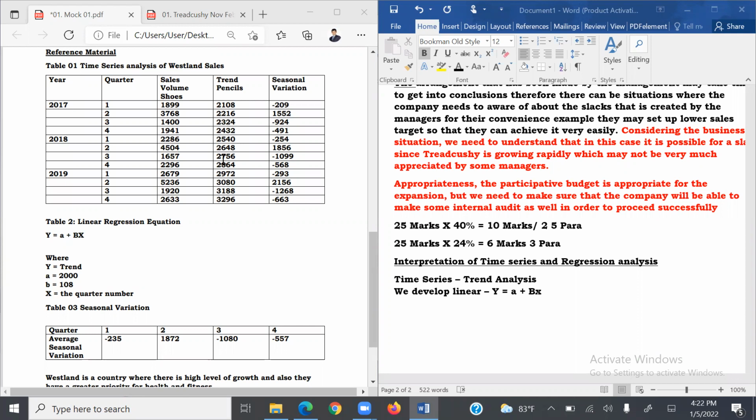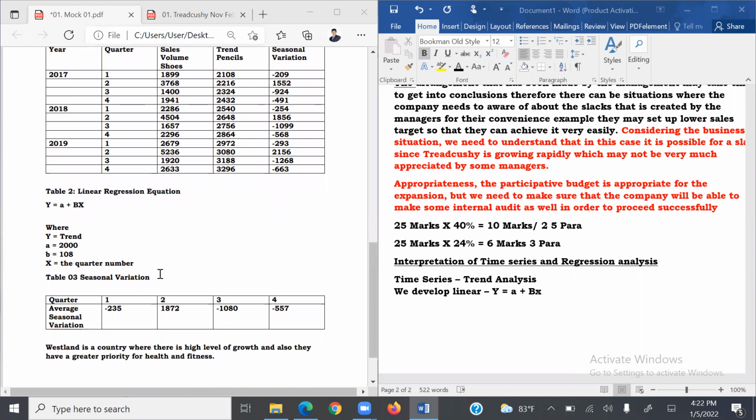Now, students, again, table number 3 shows you the average seasonal variation. 209, 155 to 924, 409. That is the four quarters divided by 4. That's how they get the seasonal variation for the periods.